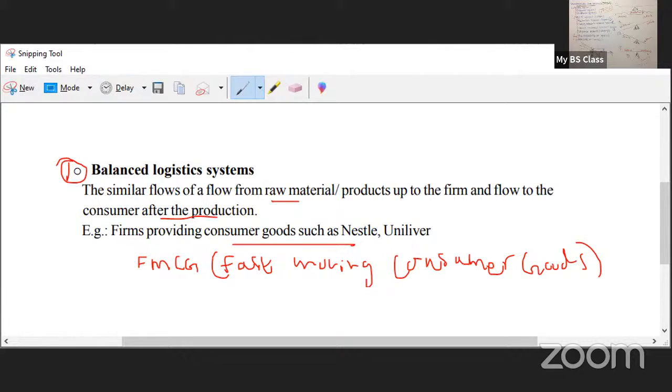Right, so coming to the second one, which is heavy inbound and heavy outbound.